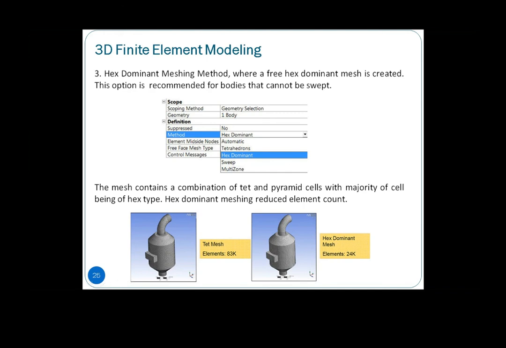Then of course, in terms of computation, it will be faster. The mesh is dominated by hexa, but at some curvature or some places where it cannot use hexa, it will replace them with pyramid cells. So you have more towards penta types of 3D elements.